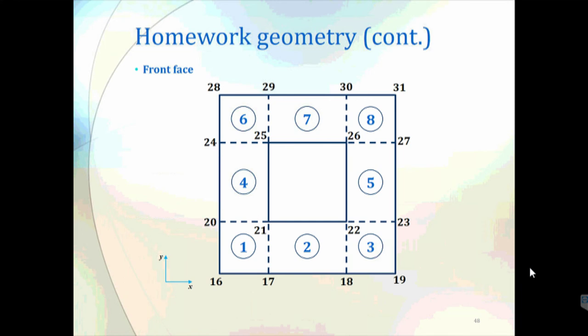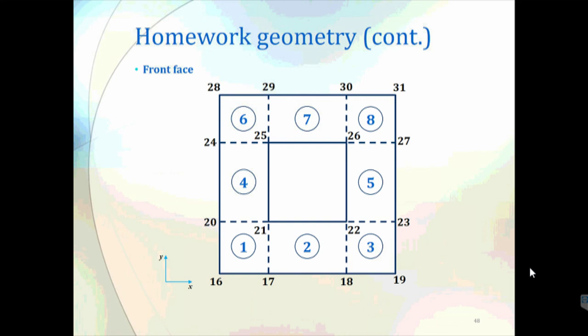And this is the numbering on the front face. Wherever the numbering ends over here, it ends on 15, and it starts from 16 again, until 31. So there are a total of 32 points.